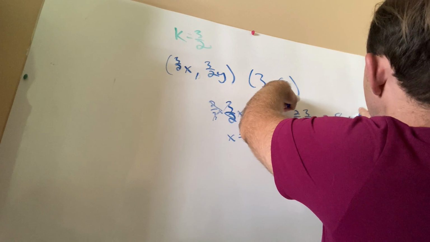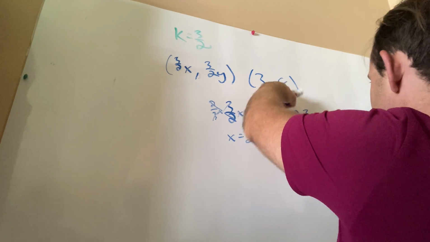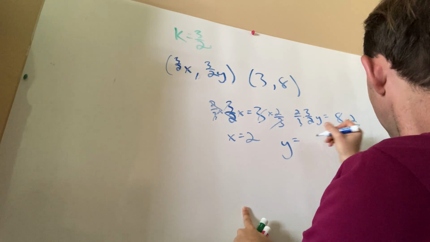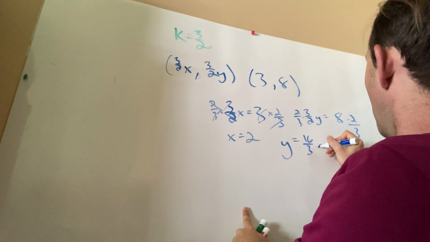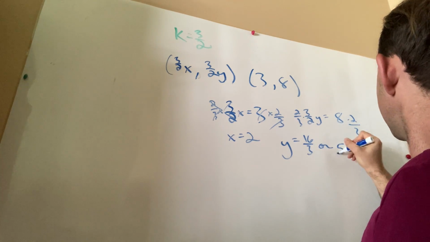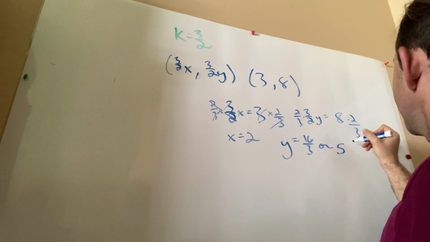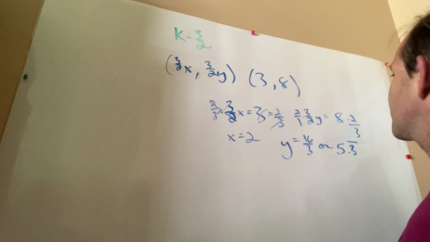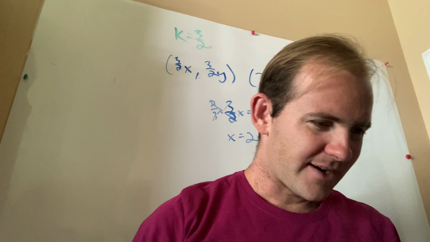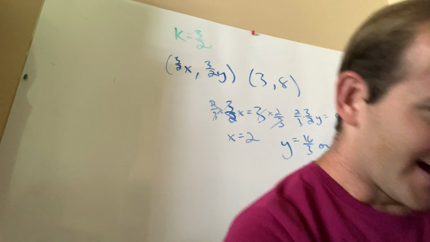To get rid of the multiplied fraction, multiply top and bottom by 2/3. And I would end up with y equals 16/3. Or, if you prefer to think of this as a decimal, I could do 5 and 1/3, or 5.3 repeating forever.